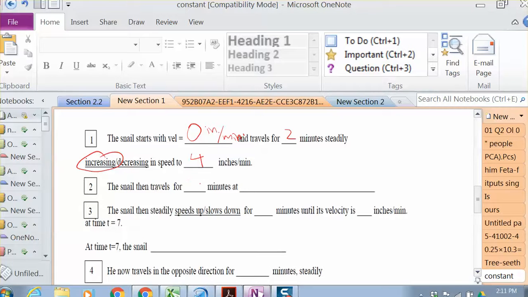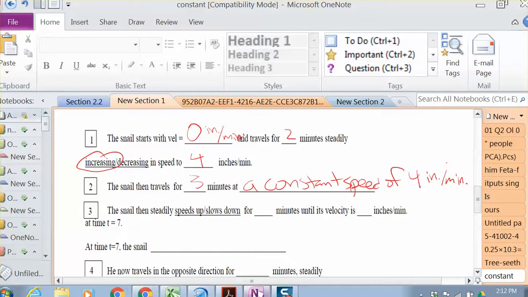Then it travels consistently for how many minutes? Well, 3 minutes at a constant speed of 4 inches per minute.